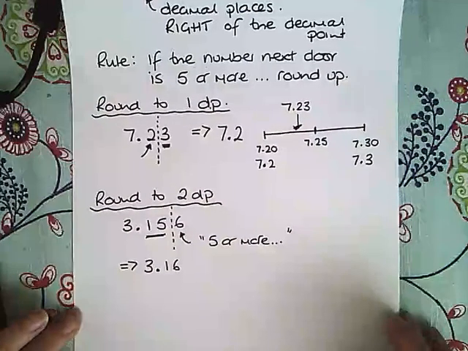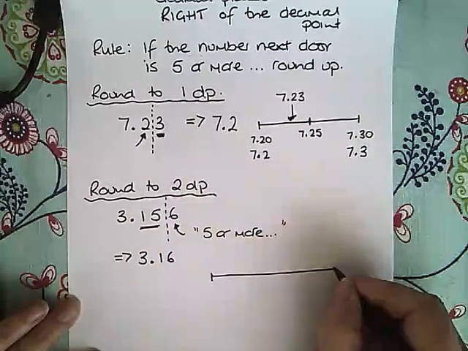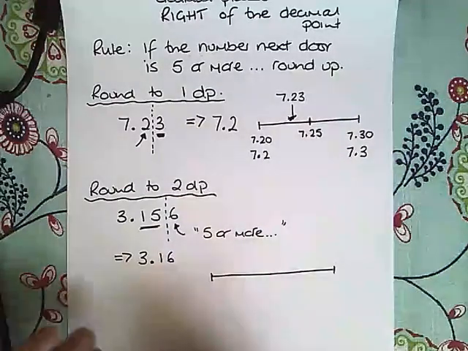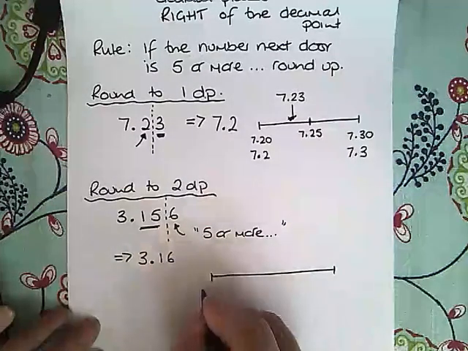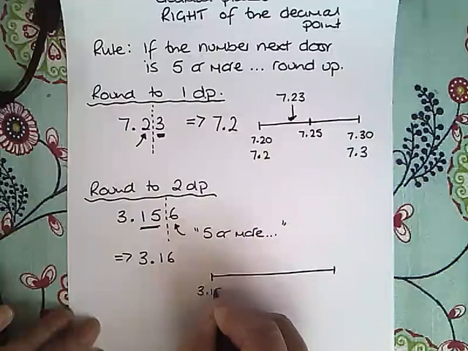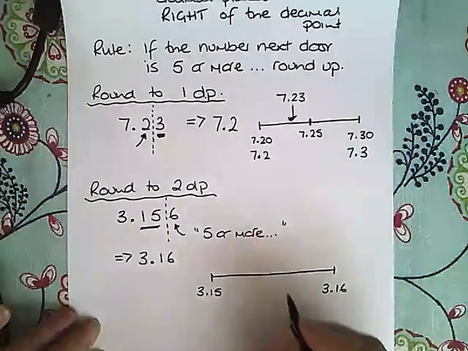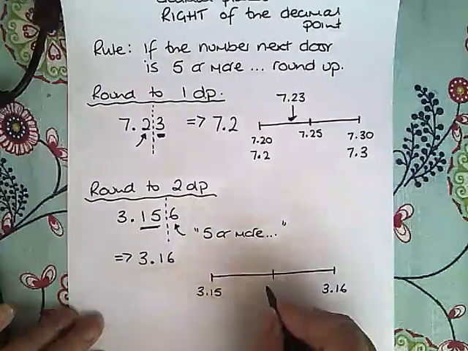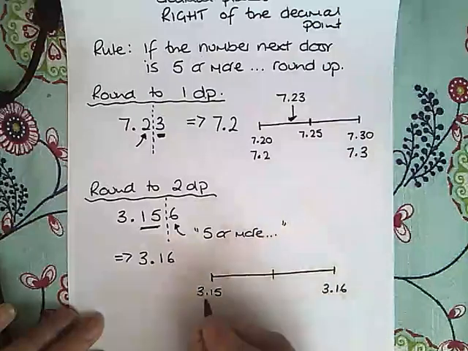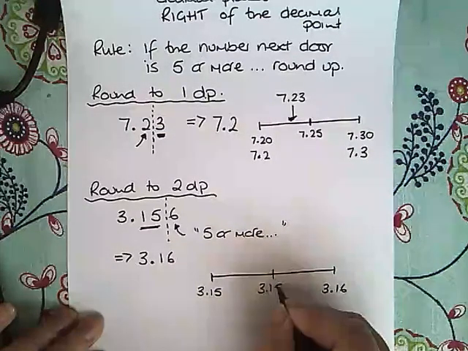And again, if I look at it on a number line, a little bit more tricky, with 3 decimal places and 2 decimal places, but stick with it. So this is 3.15. This is 3.16, my 2 decimal places. And in the middle of that, halfway between the 5 and the 6, is 3.155.